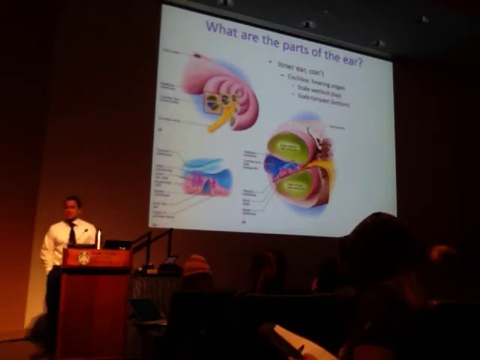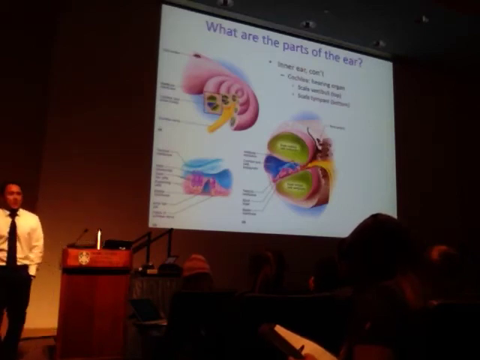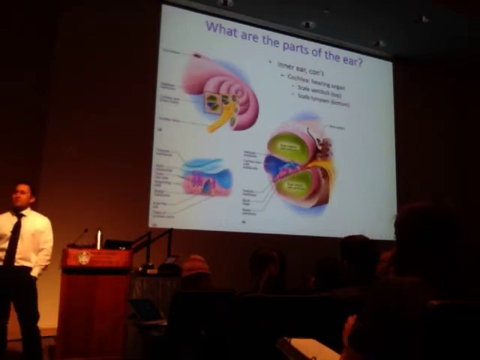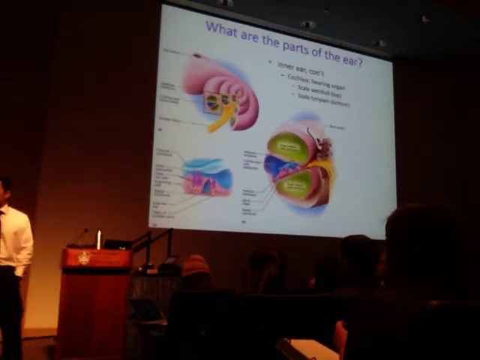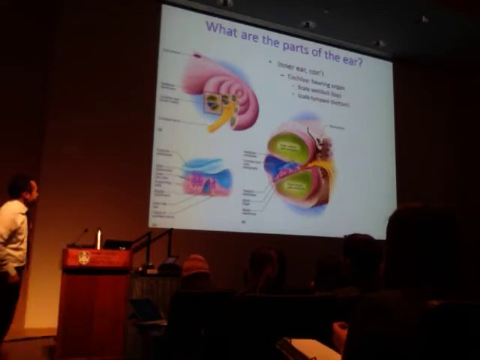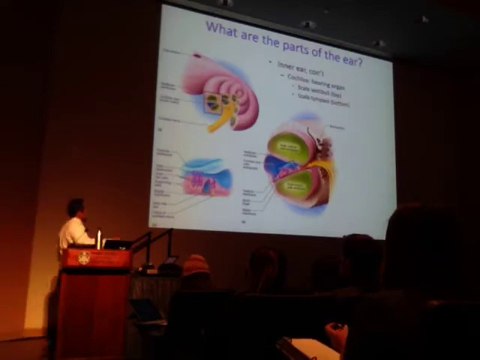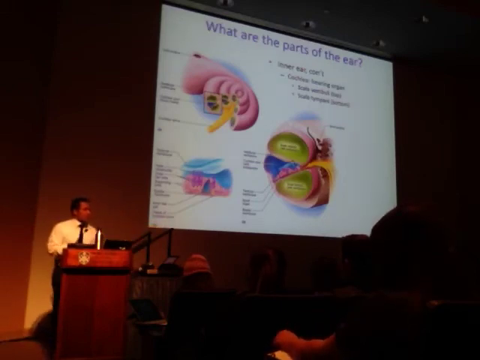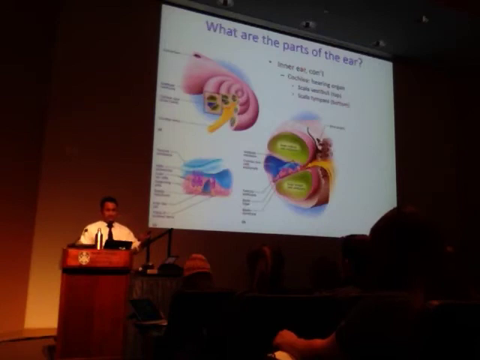It's high in potassium. The endolymph is like the inside of a typical cell, high potassium. The perilymph in green is high in, what do you think? Sodium, like outside the cell.